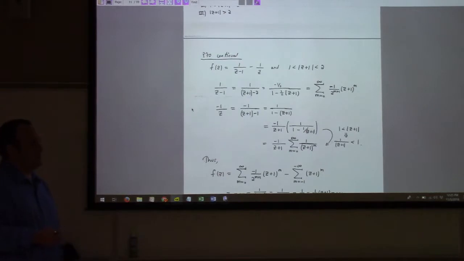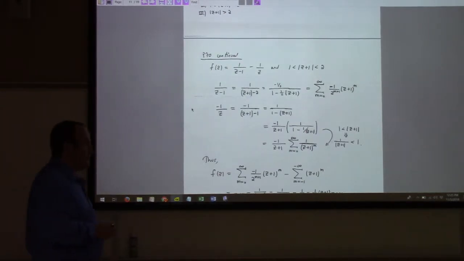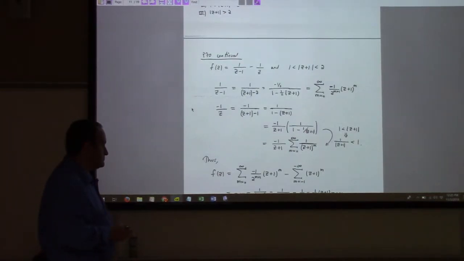Right, but then if it's not a singularity, if you're doing it in the punctured disk, this will still work. Is minus 1 a singularity for this? Oh, but minus 1 is also not in this region, is it?